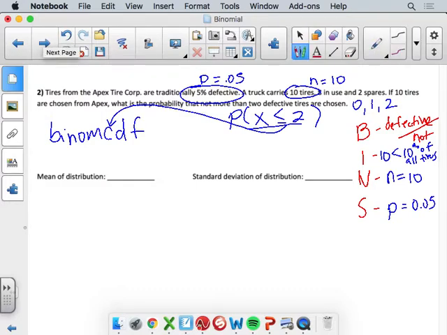It's n first, so n equals 10, p equals 5%, and then it'll ask you for lower and upper. The lowest value you're looking for is 0. The biggest value you're looking for is 2.